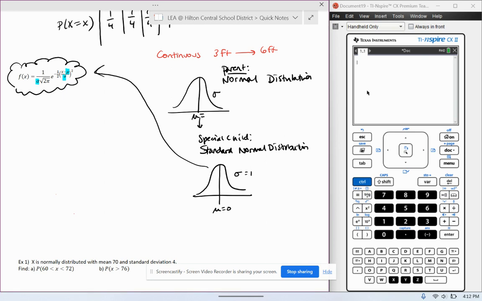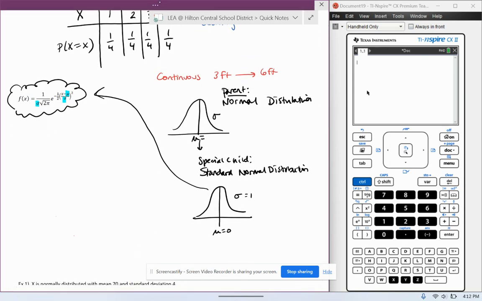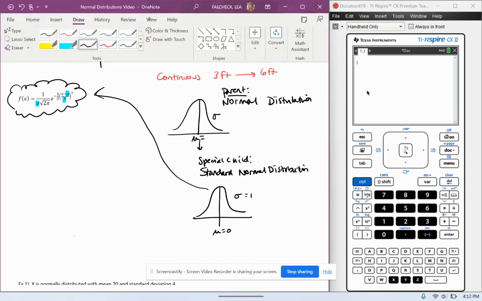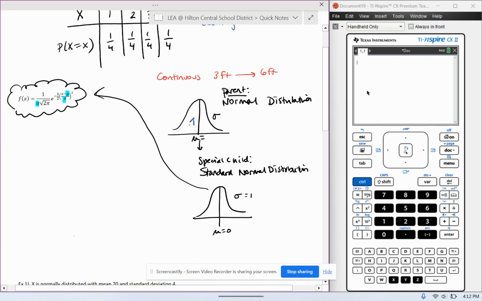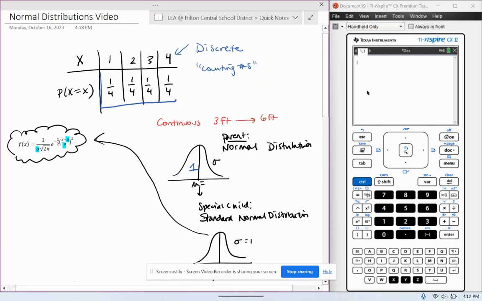So the probabilities for a normal distribution all add up to 1. And here's why. When you were looking at probability distributions back when you were super young in October, you found that if you added this bottom row together, all the probabilities added up equal 1.